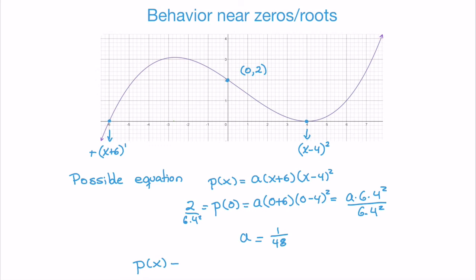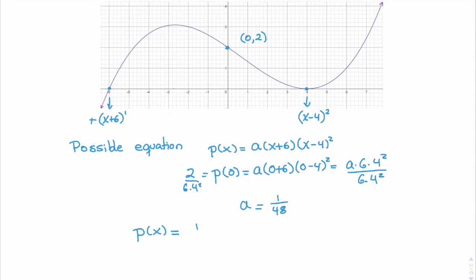Sometimes we can get it exact, sometimes we don't. In this case, it is exact because it's a very simple polynomial. We see that how the graph is touching the x-axis is not being flattened. So the candidate is going to be 1 over 48 times (x plus 6) times (x minus 4) squared.